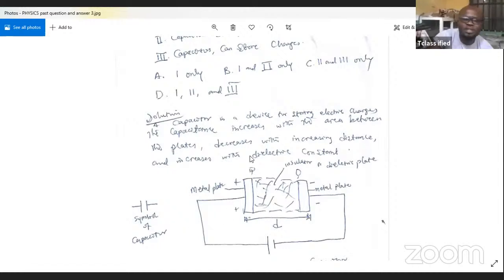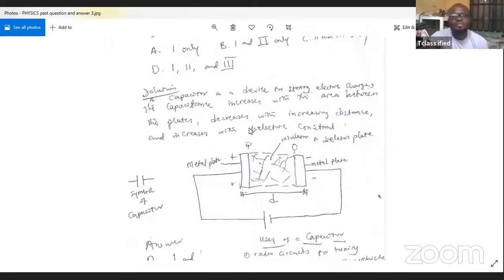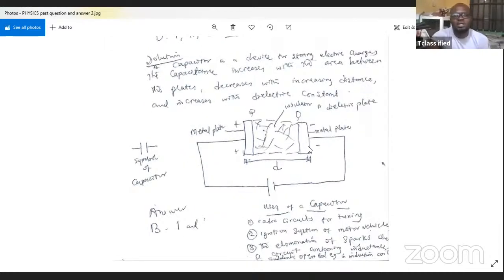So this is a simple diagram of a capacitor showing the plates. These are the plates, the positive and the negative metal plates. They have the insulator or the dielectric in between. So the more this distance, the lesser the capacitance.